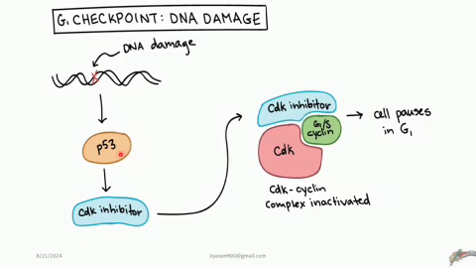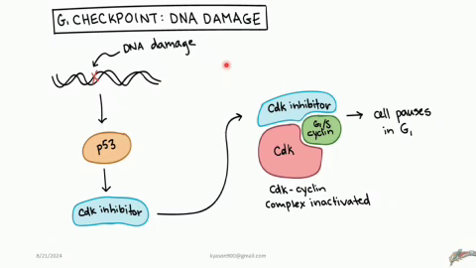And if that protein is not formed, obviously this complex is not going to become activated. And if it's not activated, what's going to happen? This cell is going to pause in the G1 phase.